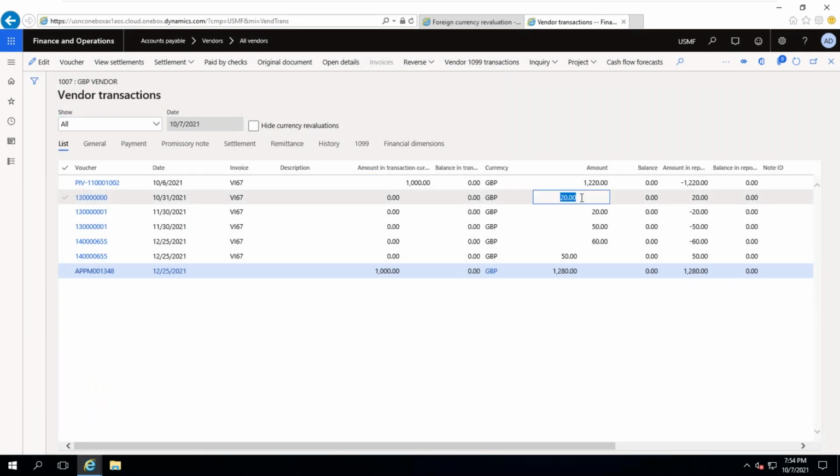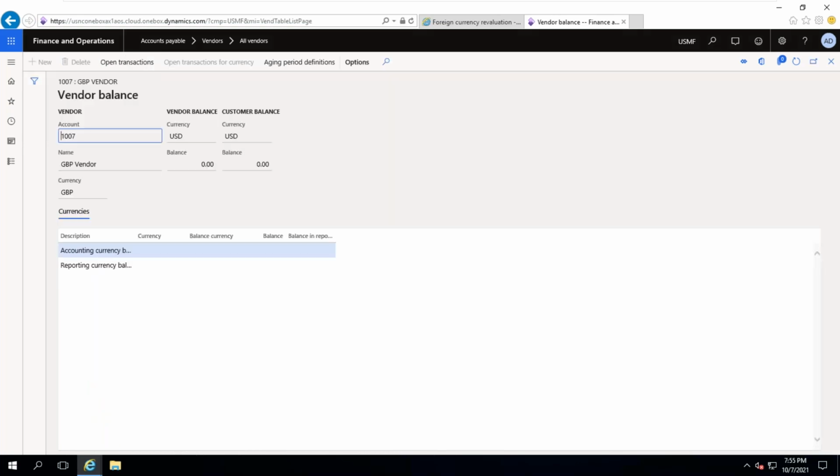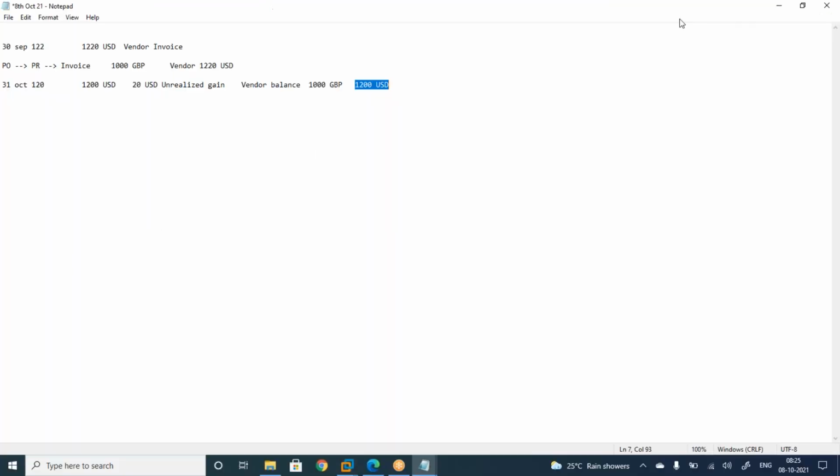Am I right? 1220 minus 20, because this is a credit balance and this is a debit balance, the net balance is 1200. Why are you minusing the 20? Because the reversal happens the next month, correct? But actually it will show on the 31st of October. If I generate a balance sheet report, a trial balance, then it will show you 1200 only. Am I right?